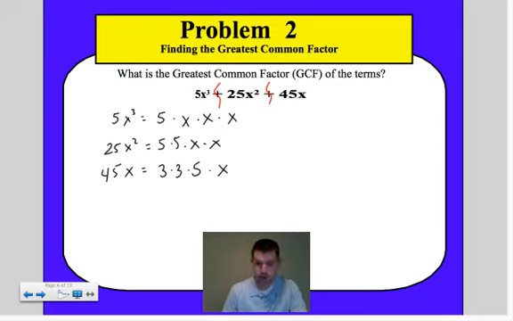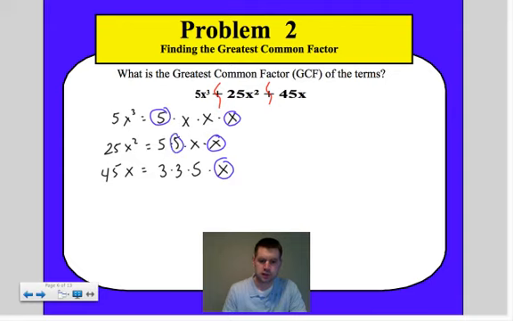Once you're there, all you're going to do is find the greatest common factors they have. As I see real quick, they all have an x in common. This one and this one have more x's, but down here we only had one x, so they don't have another x in common. The largest they have in common in the x's is just one of them. Now I look at the 5s and do the same thing.